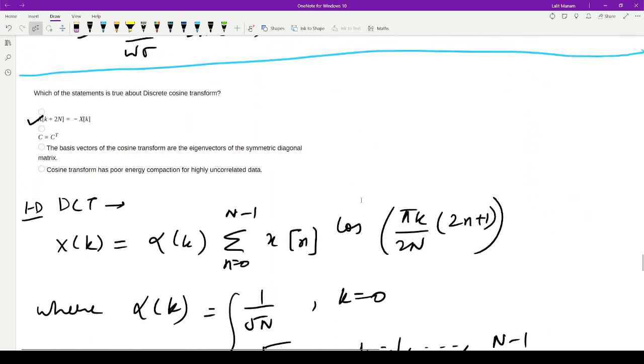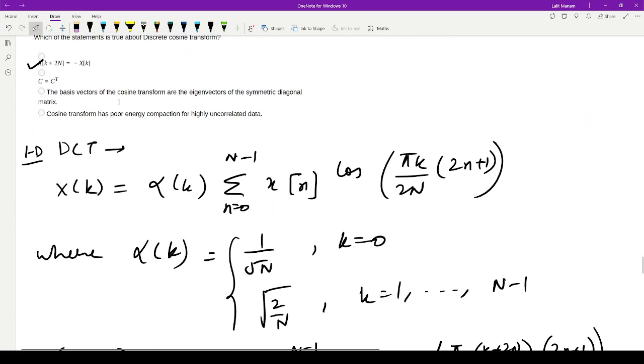Okay. So what about the third part? The basis vectors of the cosine transform are eigenvectors of symmetric diagonal matrix. Yes, no? Anyone?